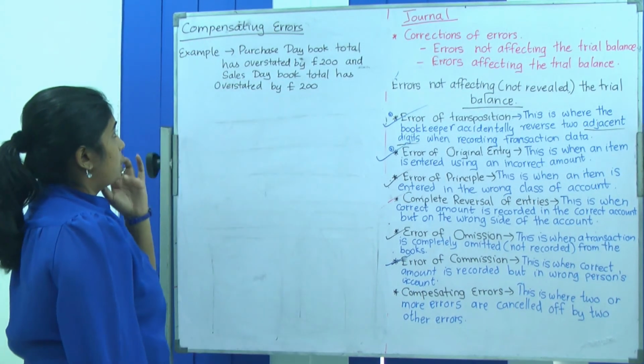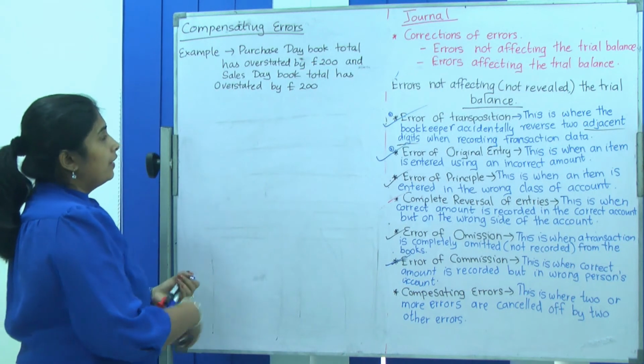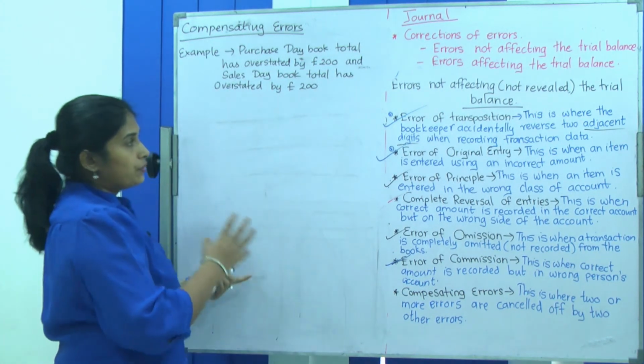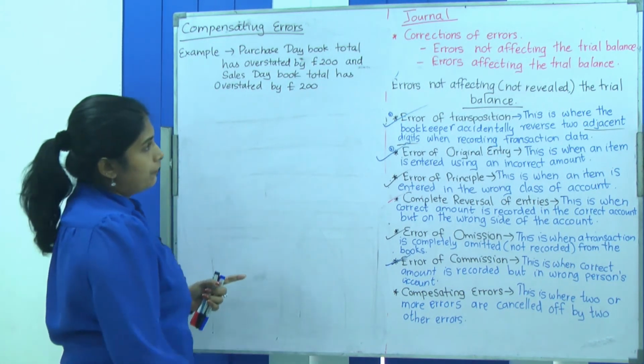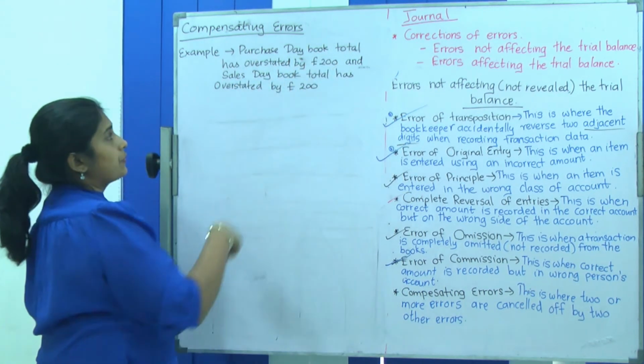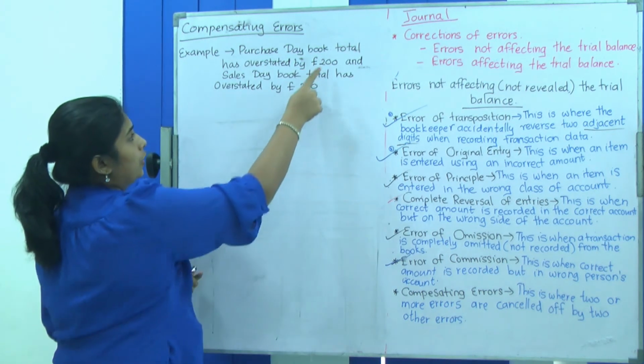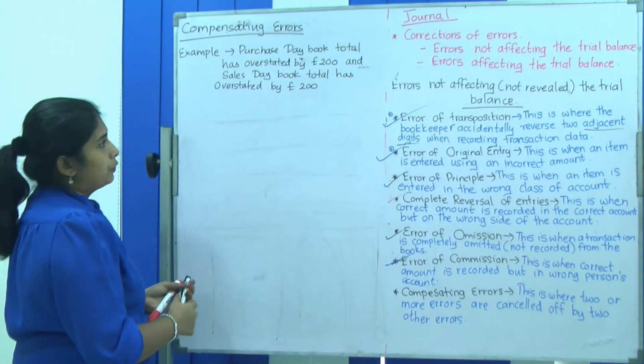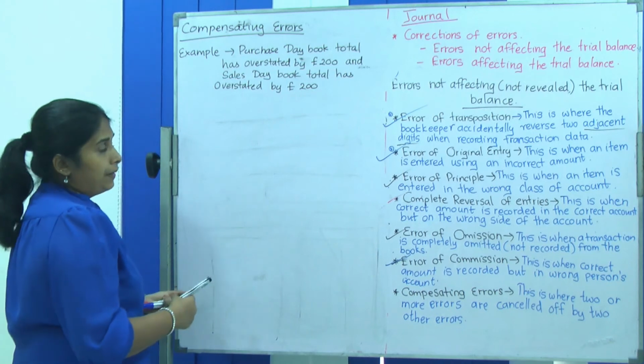Okay, now the last one, compensating errors, where two errors set off with each other. Now for example, the purchase day book total has been overstated, that means they have added 200, and the sales day book total has also been overstated by 200.